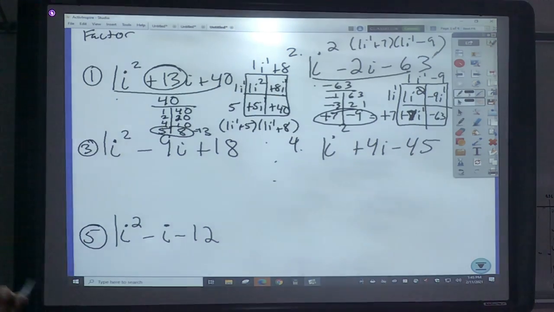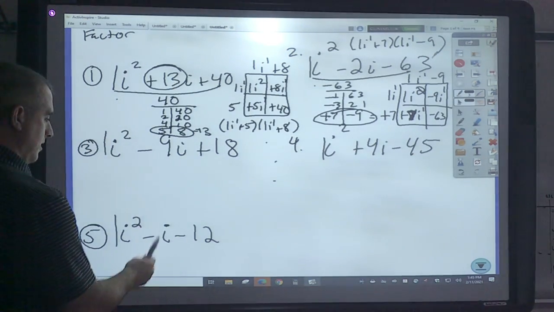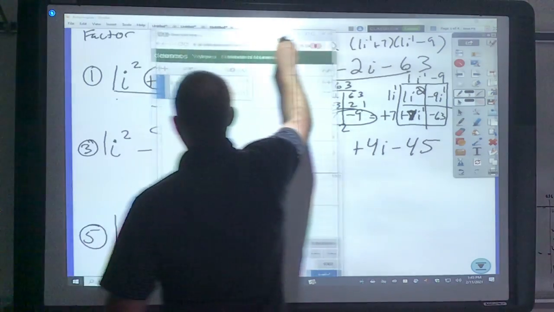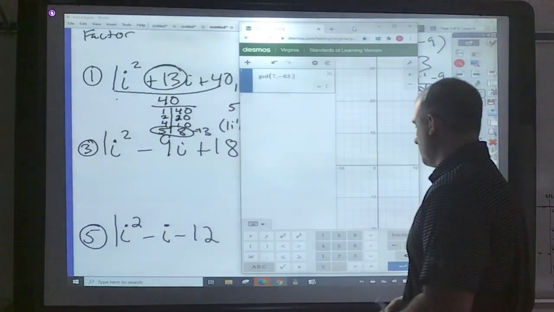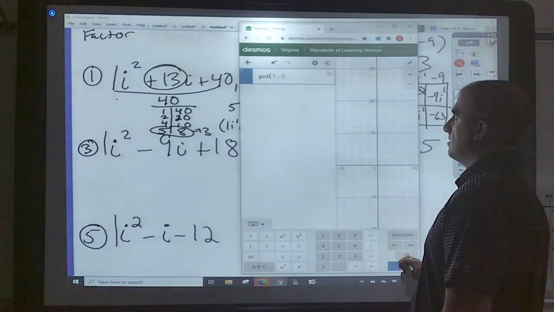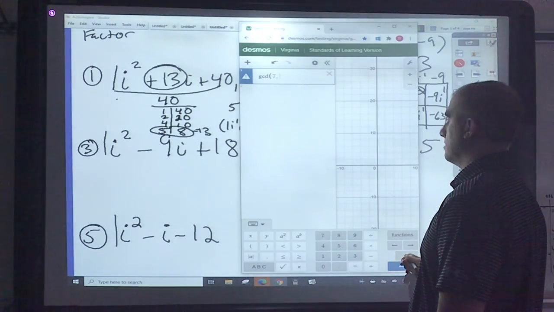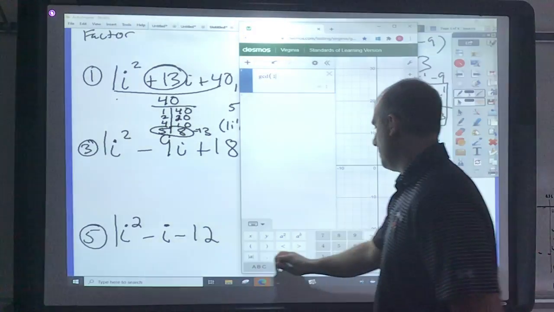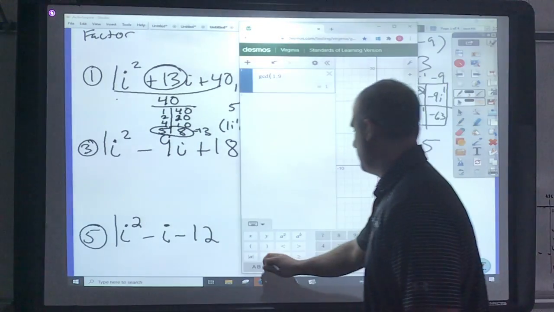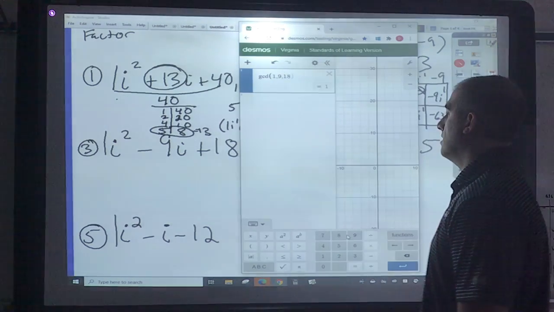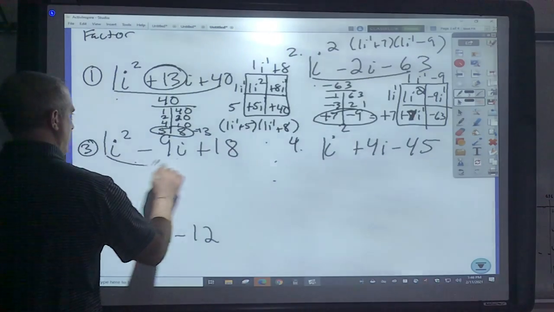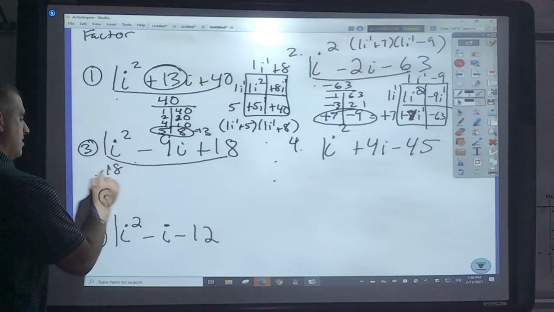Let's do this one. I'll continue to show the GCF. I got 1, 9, 18. It's 1, so I can multiply. 1 times 18 is 18.